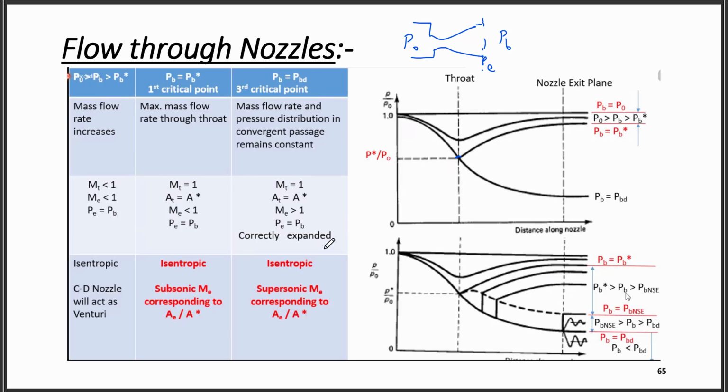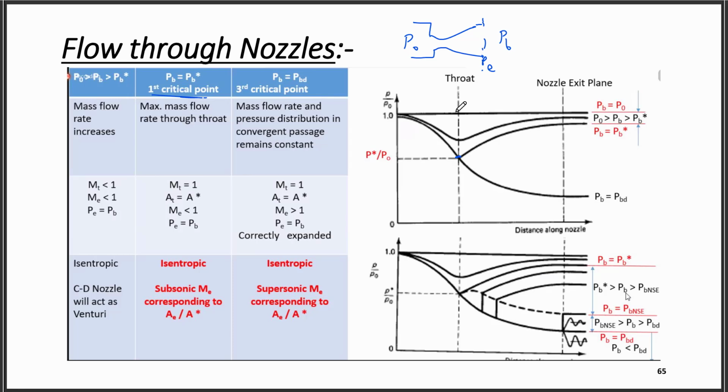At that point we will get the maximum mass flow rate and the nozzle will become choked, and this point is called the first critical point. And at this point the throat area will become A star, but after that also the back pressure is not sufficient for the supersonic flow.